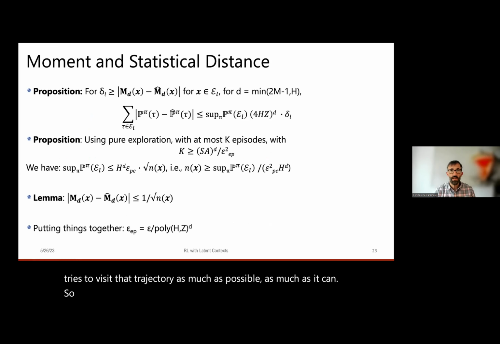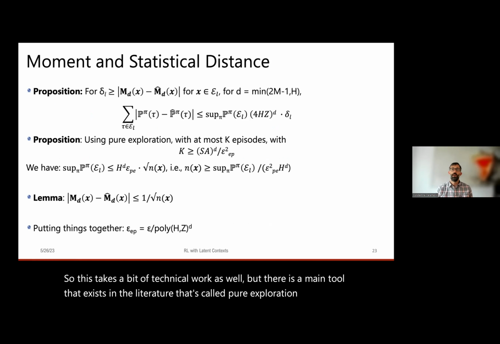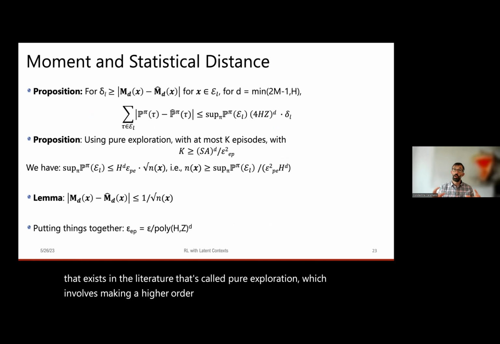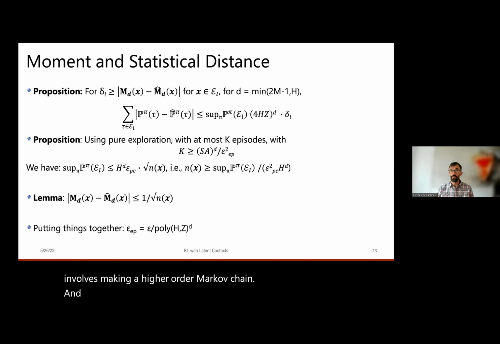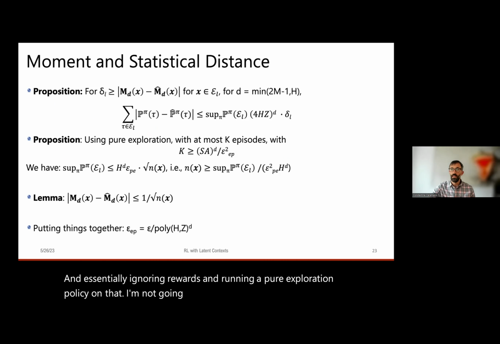So this takes a bit of technical work as well, but there is a main tool that exists in the literature called pure exploration, which involves making a higher order Markov chain and essentially ignoring rewards and running a pure exploration policy on that. I'm not going to go into the details of that right now, but perhaps we can talk about it later.